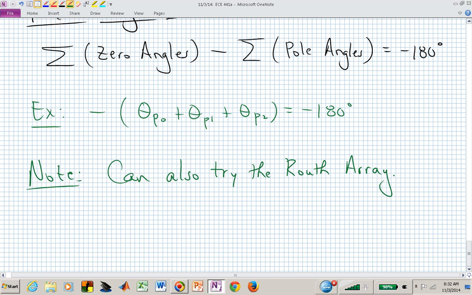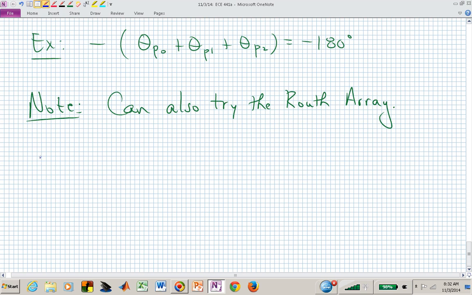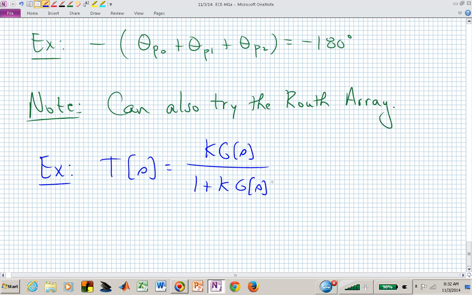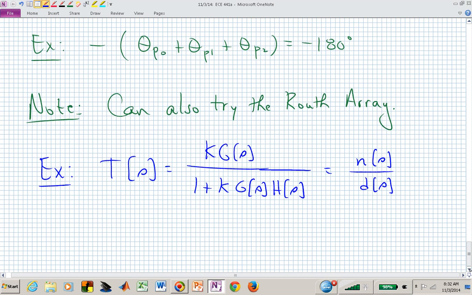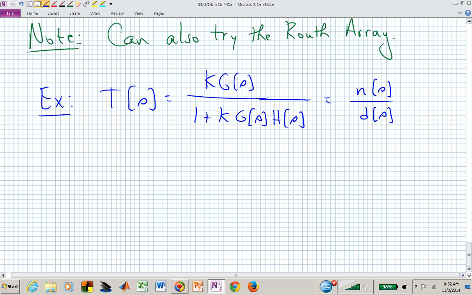In our example, the closed loop system, T of S, is this kg of S over 1 plus kg of S, h of S. Our h of S we didn't have, and we want this to be some numerator over a denominator. But remember, we have a ratio of ratios in that middle expression.